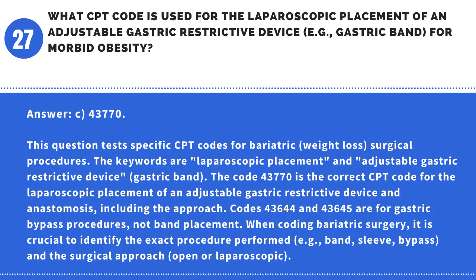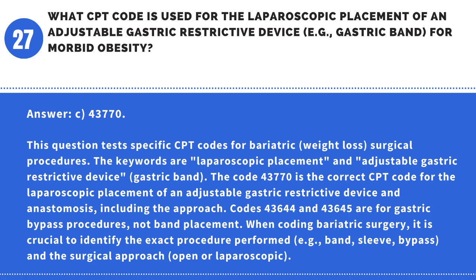43,770. This question tests specific CPT codes for bariatric, weight loss, surgical procedures. The keywords are laparoscopic placement and adjustable gastric restrictive device, gastric band. The code 43770 is the correct CPT code for the laparoscopic placement of an adjustable gastric restrictive device and anastomosis, including the approach.